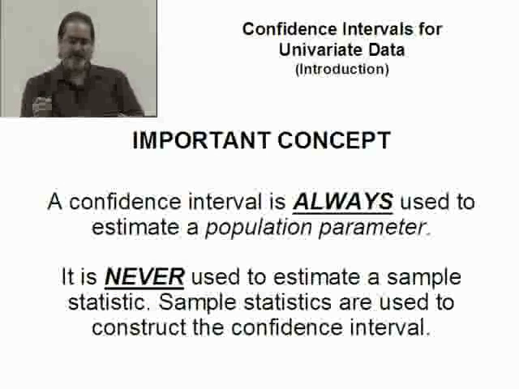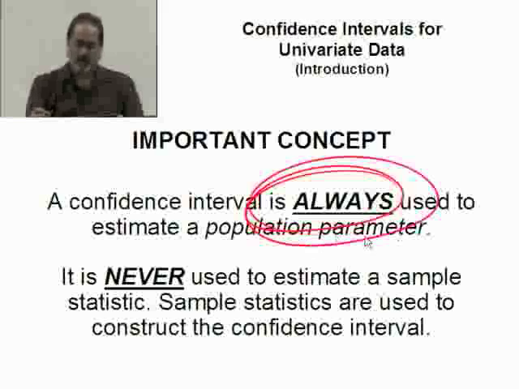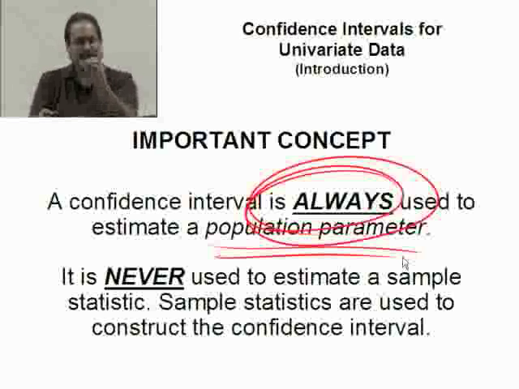Okay, now this is an extremely important concept. Confidence intervals are always, always, always used to estimate population parameters. We will take sample statistics and use them as a center, and add to it and subtract what we will refer to later as a margin of error to get that interval. So all those calculations are based on the sample. However, it's all about estimating the parameter value.